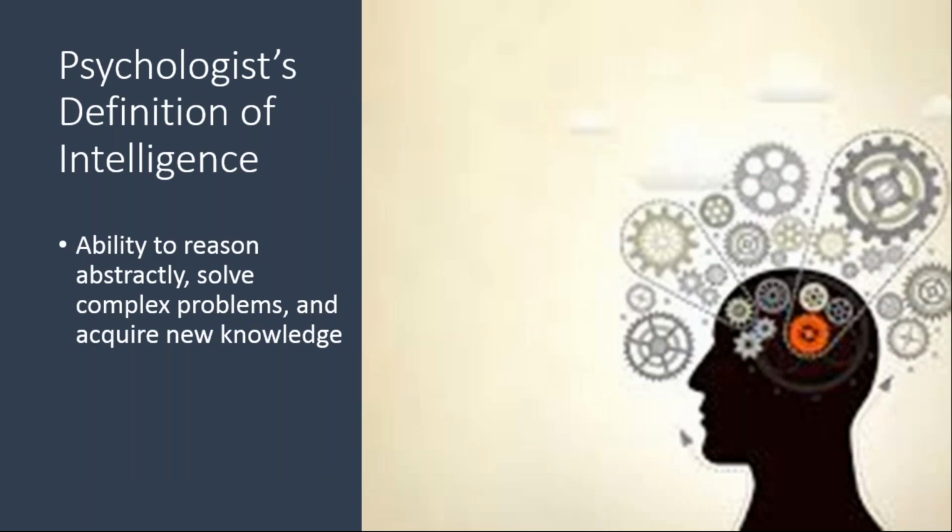So with this understanding that there's a lot of different types of intelligence, as psychologists, we tend to look at intelligence this way. Our ability to reason abstractly, to solve complex problems, and to acquire new knowledge.